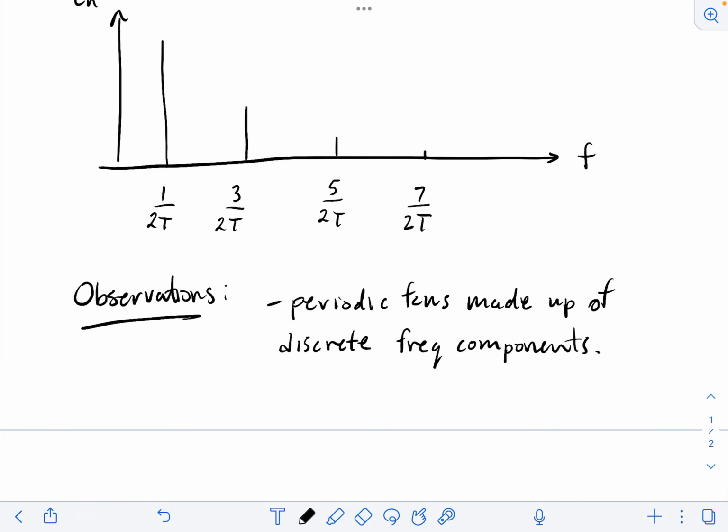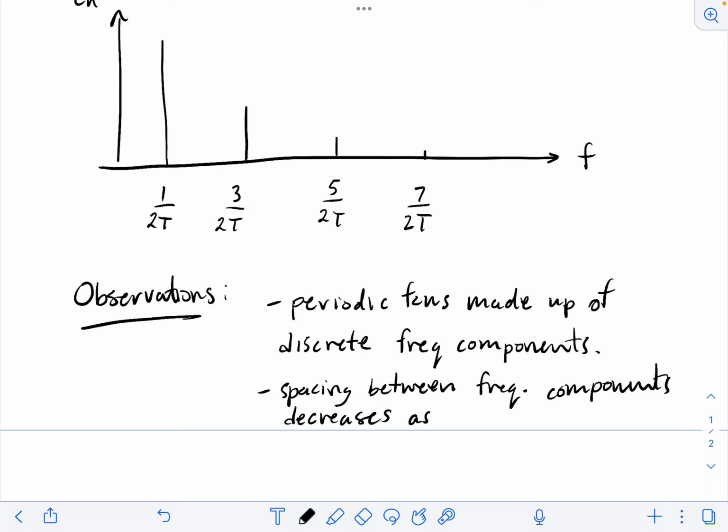And the other observation we can make about what we know about Fourier series is that the spacing between frequency components decreases as t increases. If we just look at this example here, the frequencies are proportional to 1 over t.